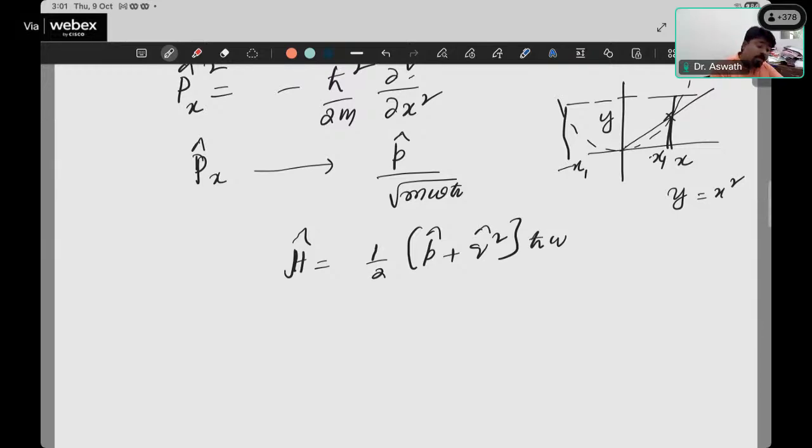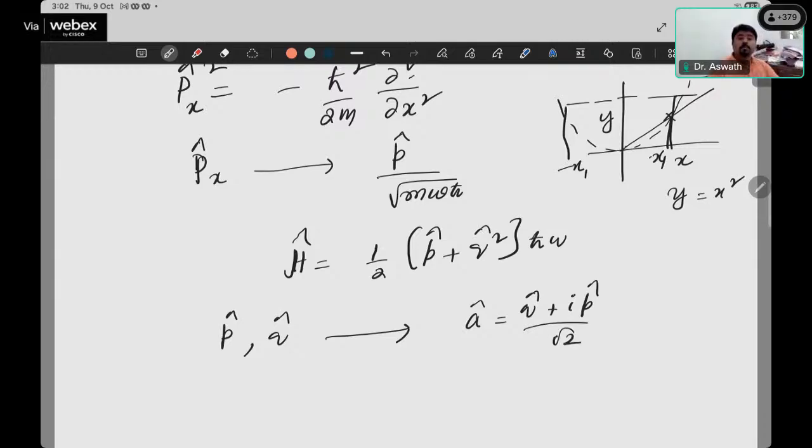So just to avoid a quadratic, I'll introduce p and q in terms of a non-Hermitian operator A. A is q plus ip divided by square root of 2, and A dagger is just the complex conjugate of that quantity.